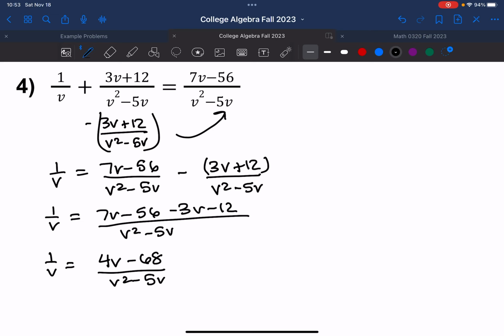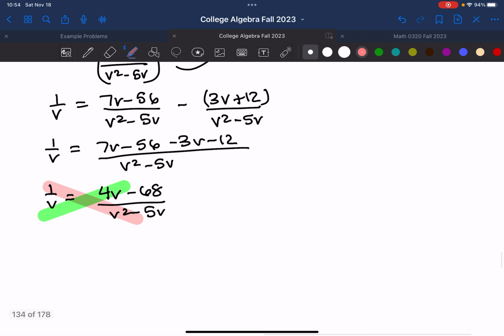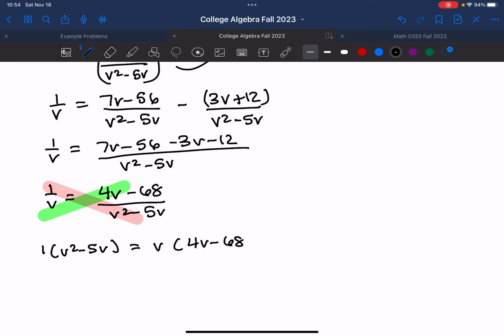Now I have a fraction equal to a fraction, so I'm going to cross multiply. So I have 1 times v squared minus 5v is equal to v times 4v minus 68. I am going to go ahead and distribute that v in.